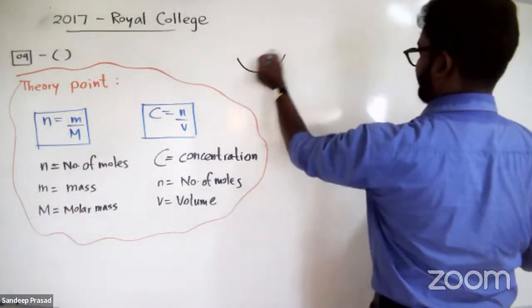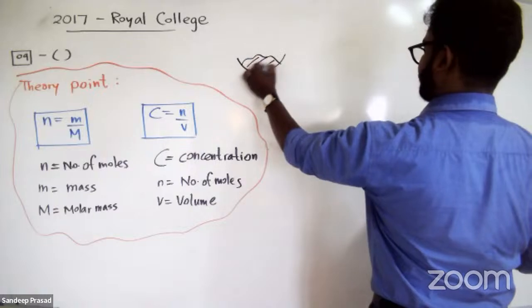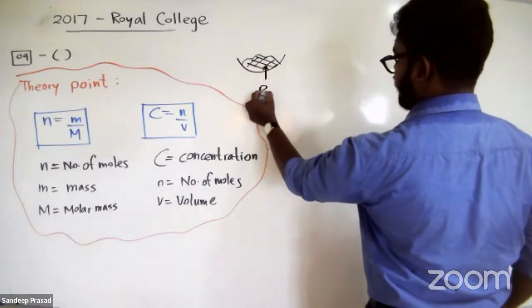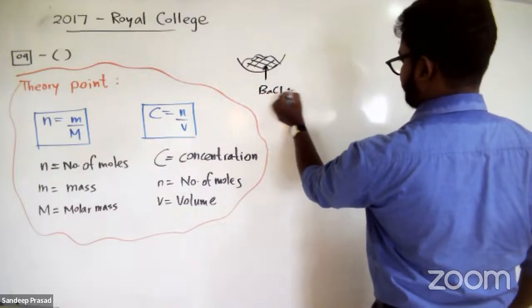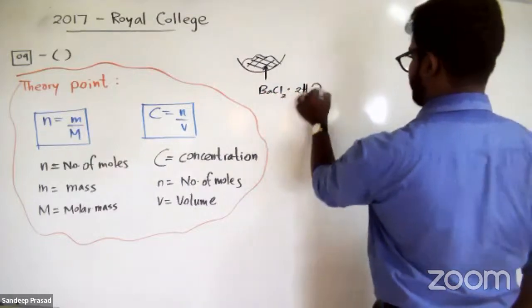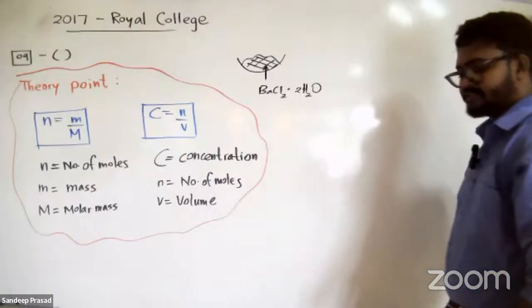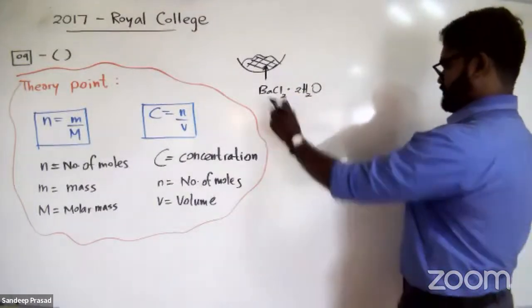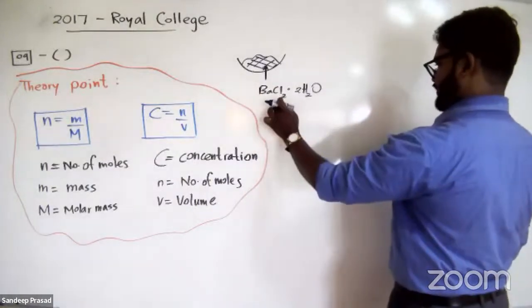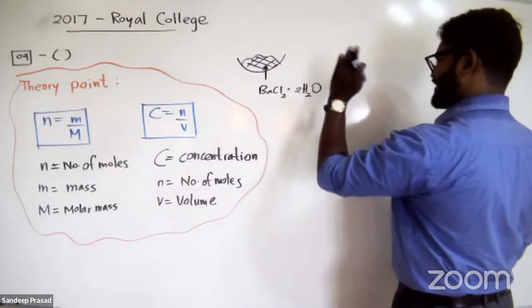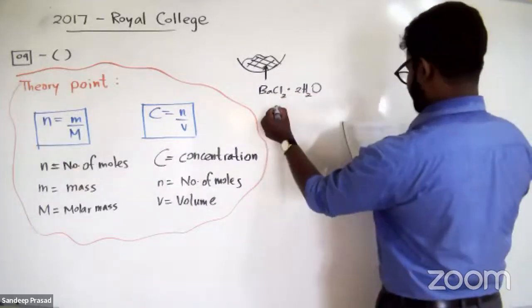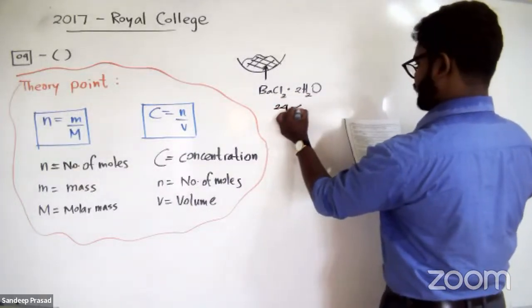In question number 9, they have given a sample of hydrated barium chloride, BaCl2·2H2O. What does this dot mean? BaCl2 dot 2H2O means that for the barium chloride compound, two water molecules are connected. The mass of this sample is 24.4 milligrams.